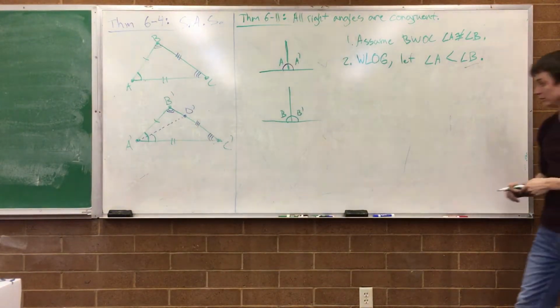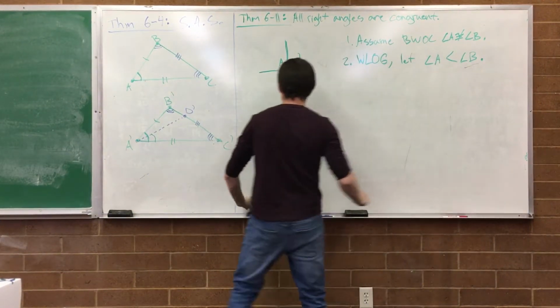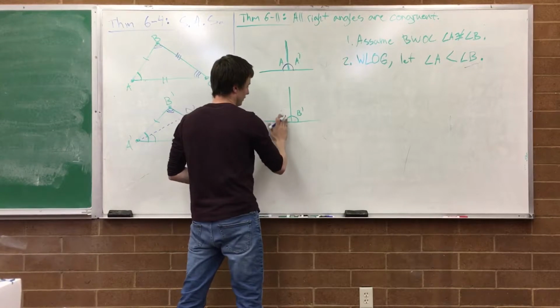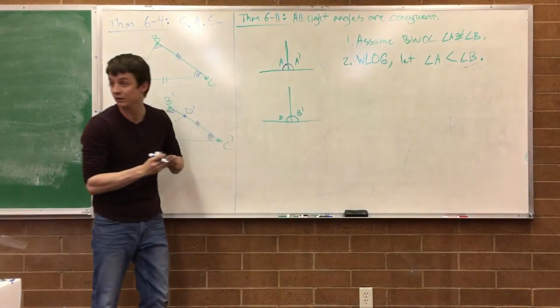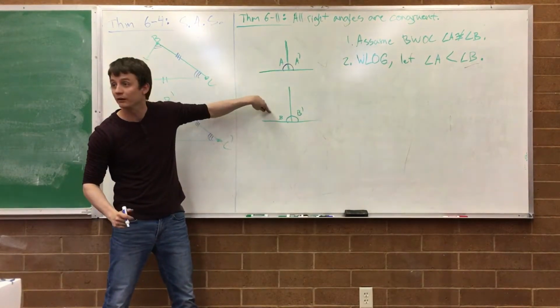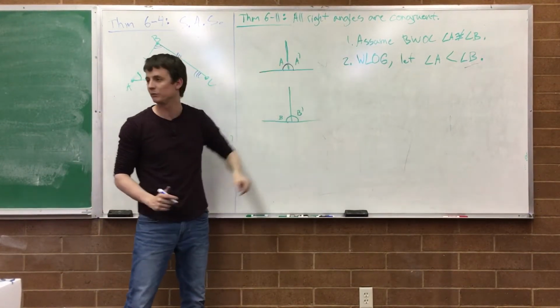That you could construct an angle C such that A is less than B, which means we construct it down here. We already used A and A prime, so I'm just going to use C.